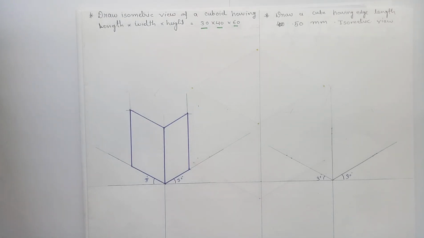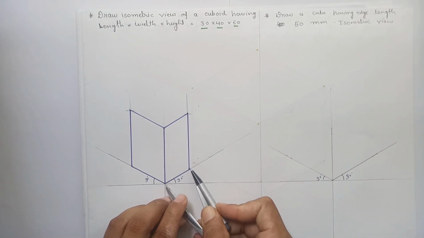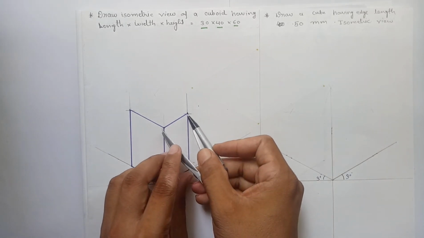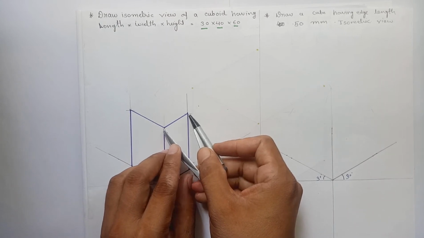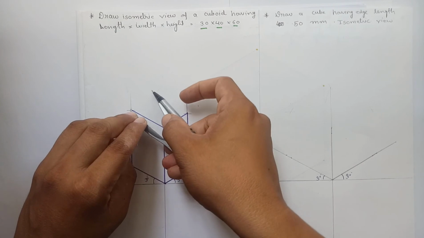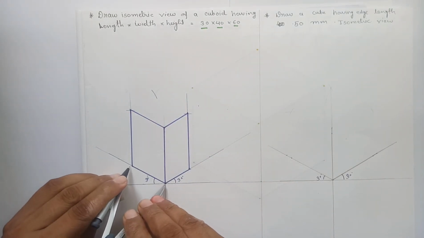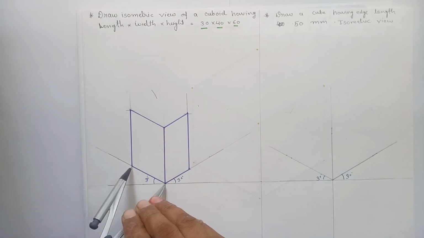Now draw the top face of the cuboid. If you want to draw the top face of the cuboid, see that this line, which is length 30, will be projected over here like this, and also projected over like this. And this is width 40. Here it is projected over here.